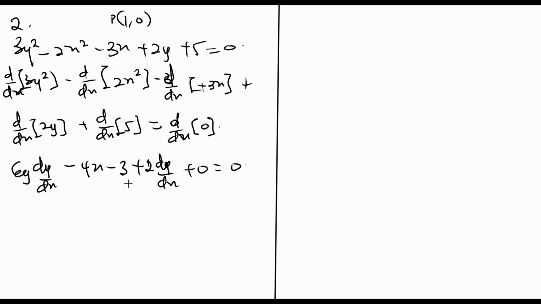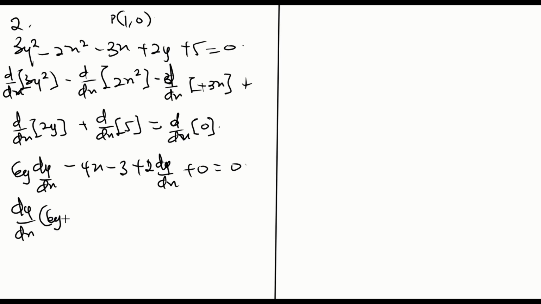Now, wherever we see dy/dx, we put them together to actually get the equation for the slope of the tangent to the curve. We factor dy/dx out just for these two terms over here.